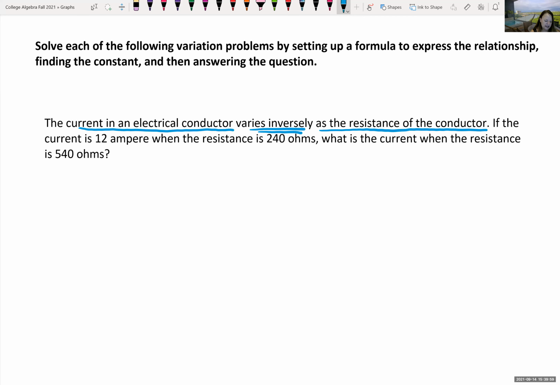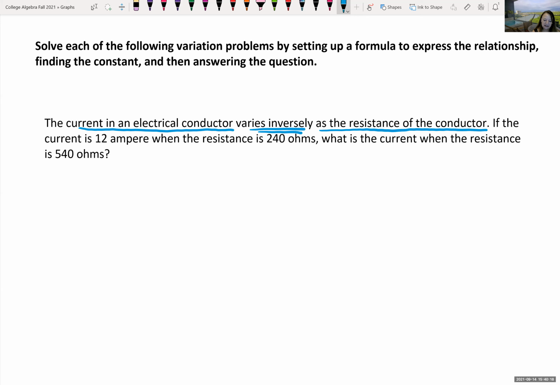If the current is 12 amps when the resistance is 240 ohms, what is the current when the resistance is 540 ohms?